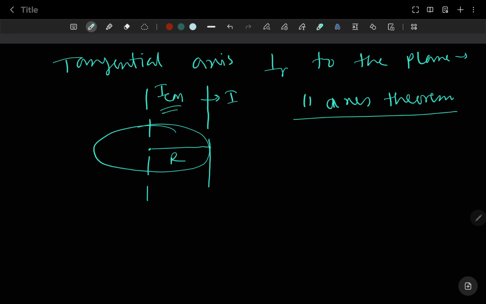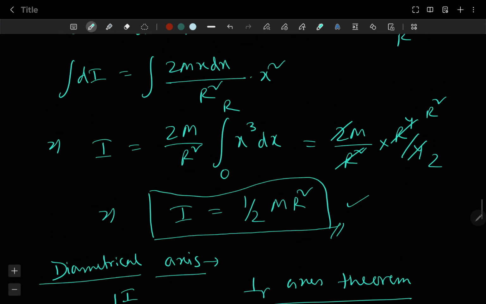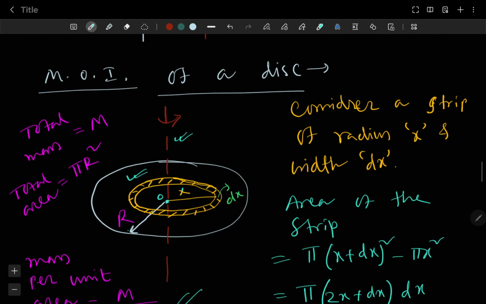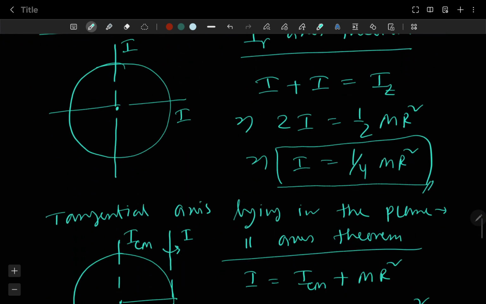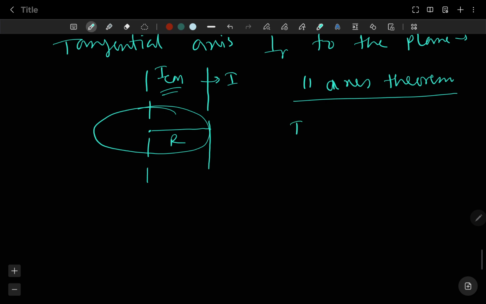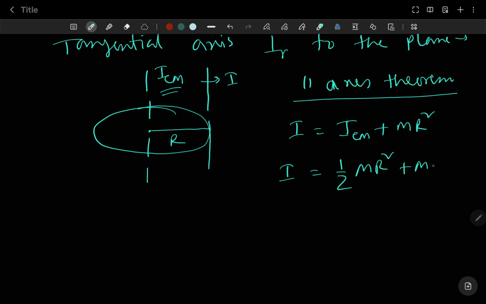You already know this ICM. The first case, it is half MR square, this axis, right? So it will be half MR square plus MR square, that is 3 by 2 MR square, right? Alright, fine.